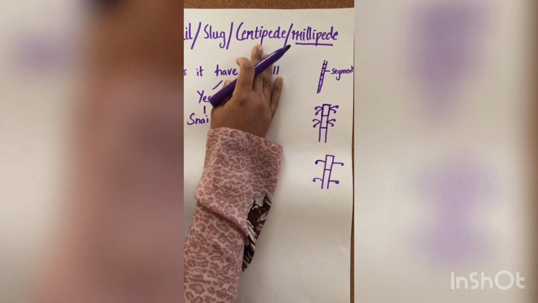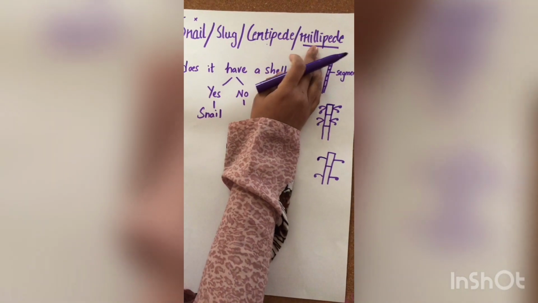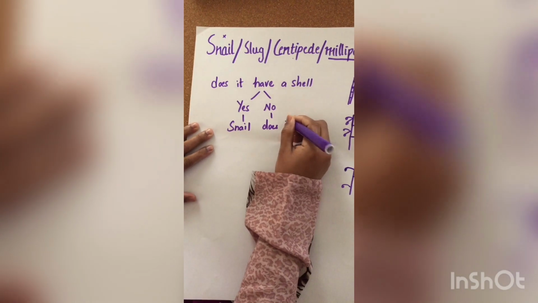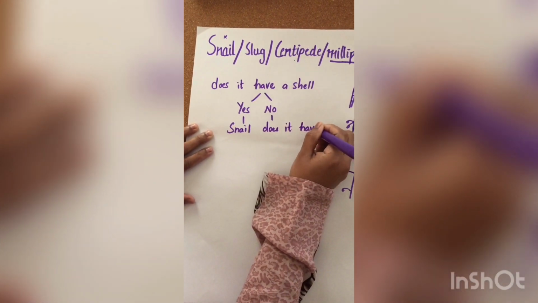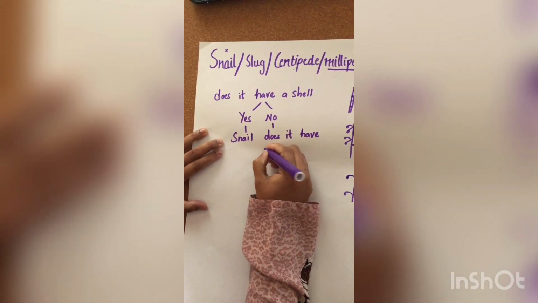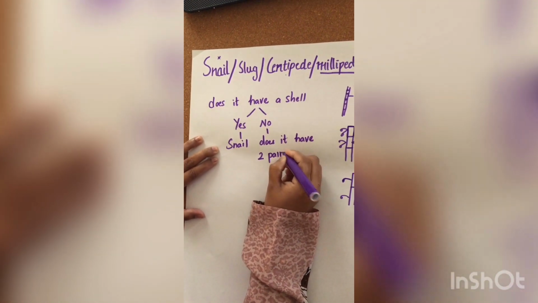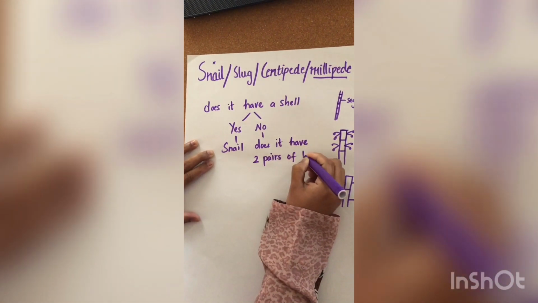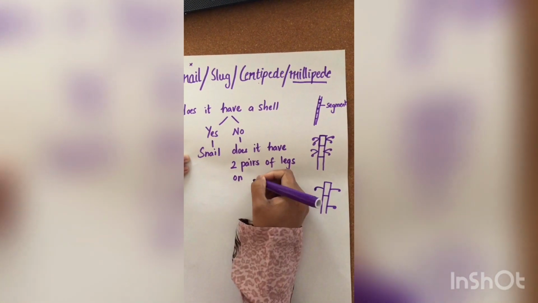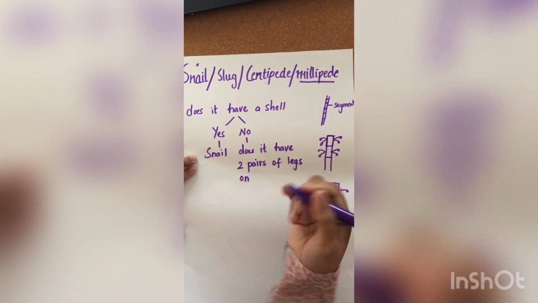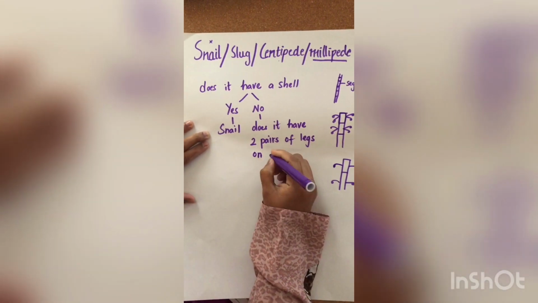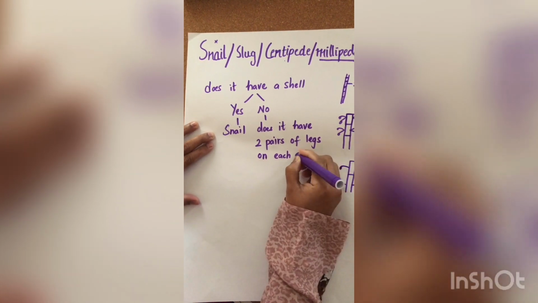If we want to use these characteristics as the key, we can make it like, does it have two pairs of legs? You should make the ones which you don't know, you should make this kind of keys. Then only you will learn about those creatures. Does it have 2 pairs of legs on each segment?